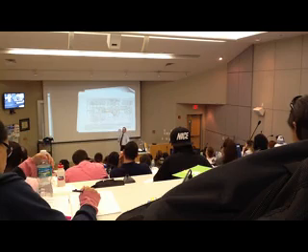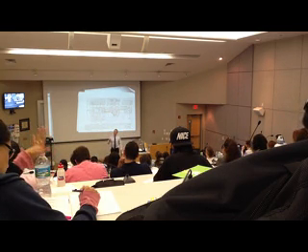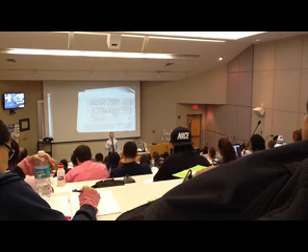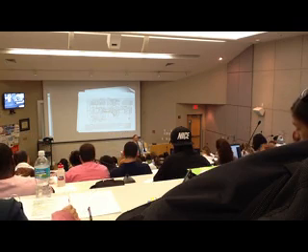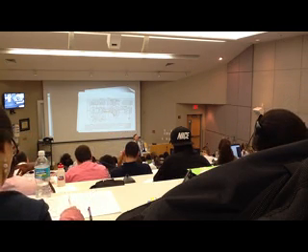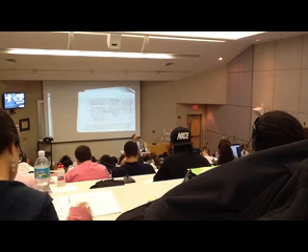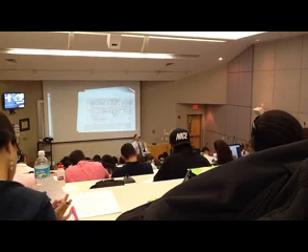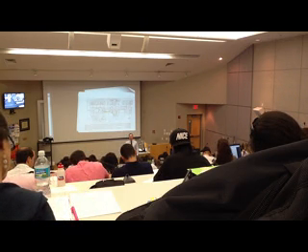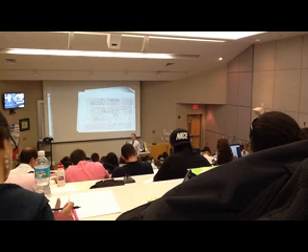So this is called the nigro-striatal dopamine pathway. It's one of many dopamine pathways in the brain. Later on, we're going to talk about other dopamine pathways that are involved in schizophrenia. But right now, we're talking about the nigro-striatal dopamine pathway.